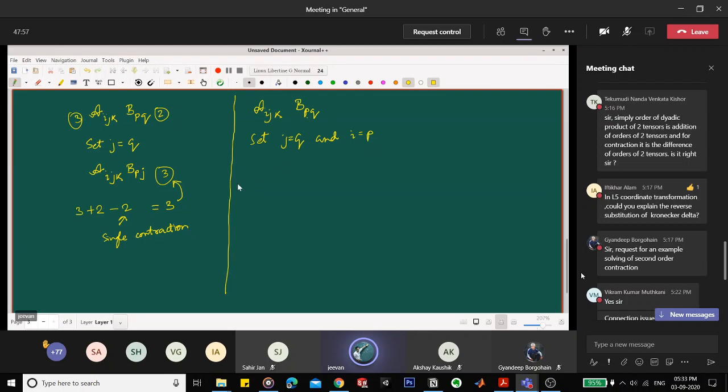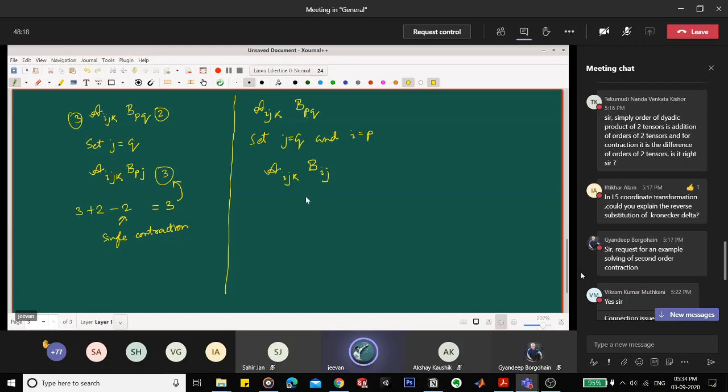Okay, so the resulting entity will be what? A_ijk B_ij here, where p will be equal to i, so we use that, and q is equal to j. Whatever we have done is an example of a double contraction.